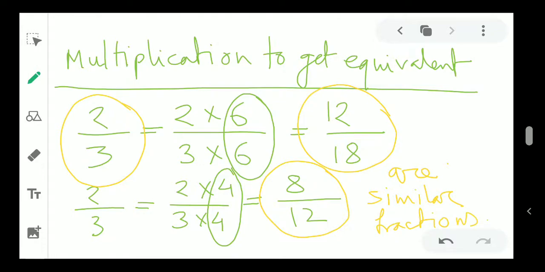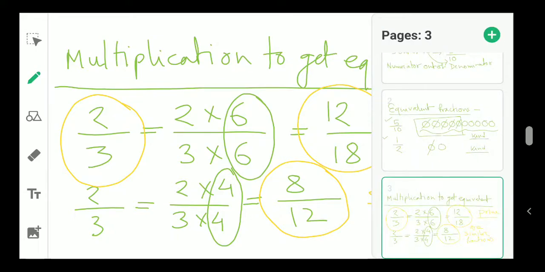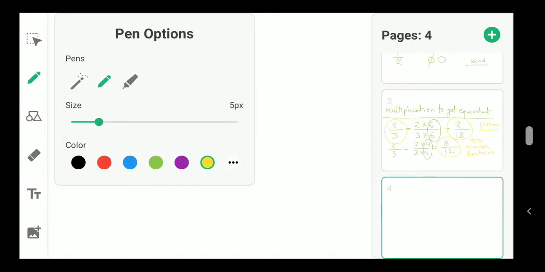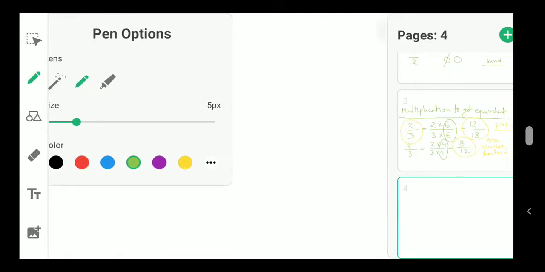In the same way, this multiplication you can do basically when you have prime numbers, but you can do it for composite numbers as well. But in case of composite numbers, we use division to get equivalent fractions.